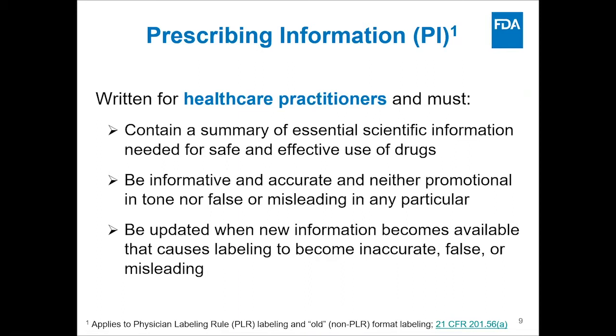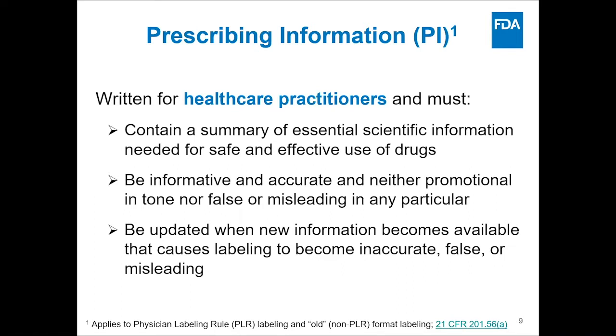So we write instructions for use, PPIs, and medication guides for someone reading at a 5th or 6th grade level. In contrast, the prescribing information is written for the learned healthcare practitioner: the oncologist, the endocrinologist, the intensive care unit nurse, people who are used to understanding complex medical information. So we use medical-related terms.